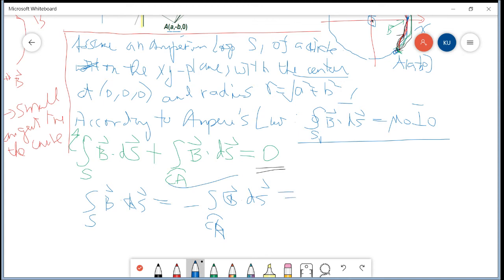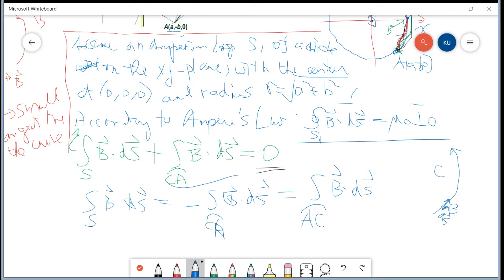And then we can write that the integral from A to C should be negative the same integral from C to A, because line integral is directional. When you consider a path C like this, B and ds are more or less in the same direction.